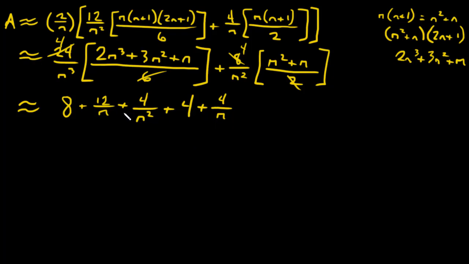So now I can combine all of these pieces. And let's see what I'm going to get. That looks strange. Did I do that right? 4 times 2 is 8. 4 times 3 is 12 over n. 4 times n is 4 over n squared. That just looks strange for some reason.